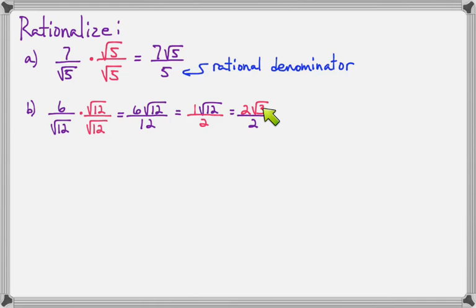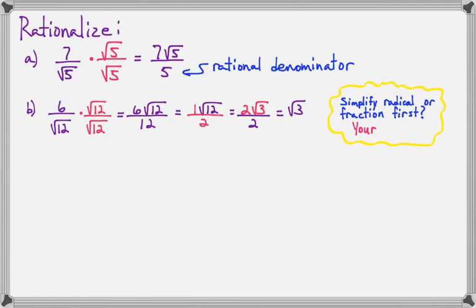And that leaves the 3 under the radical. And then here I'm going to reduce the fraction again. 2 over 2 is 1. So I'm left here with just square root of 3. And again, you can simplify the radical first, or you can rationalize first. It does not matter.